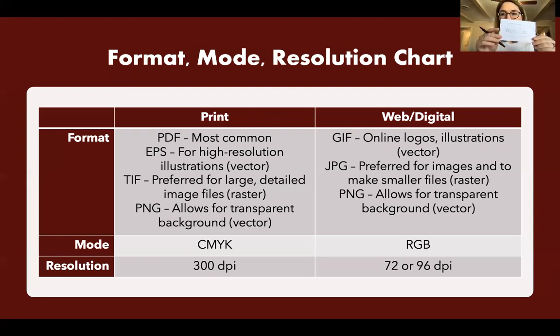So if I have made this in InDesign, it is actually going to export just like this. But all I really want is the part right here, right? I just want that logo. I don't want the white space that goes around it. I hope that makes sense to y'all.